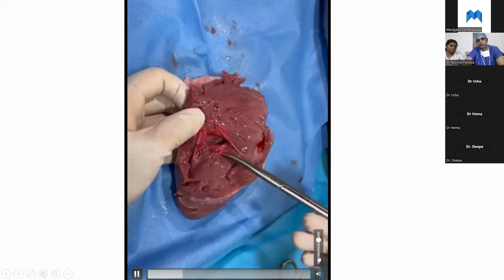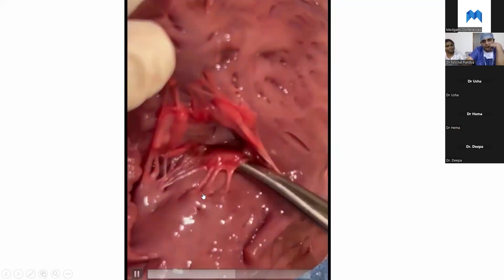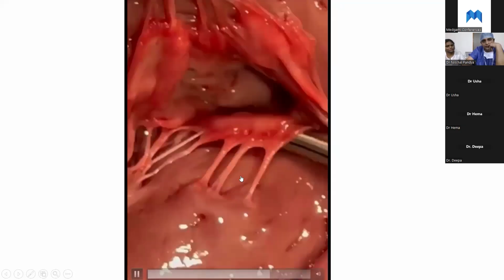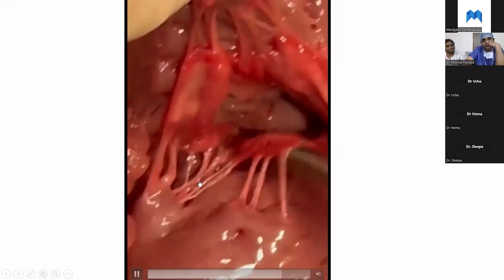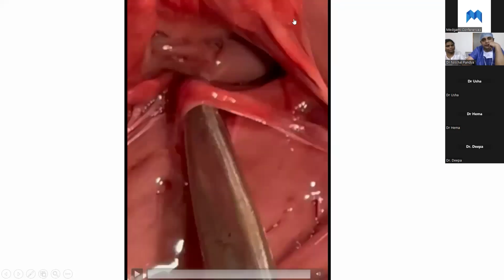So here going about septal defects. Now this is the septal leaflet, muscle of Lancisi. This is the anterior leaflet, and this is the posterior tricuspid leaflet. This is your clear-cut septal region.